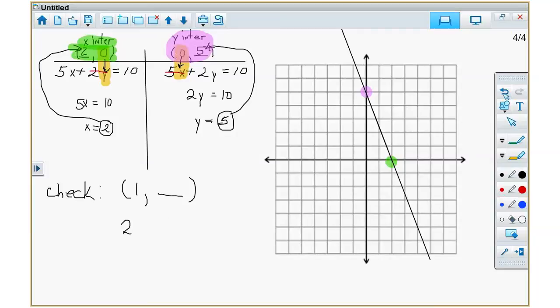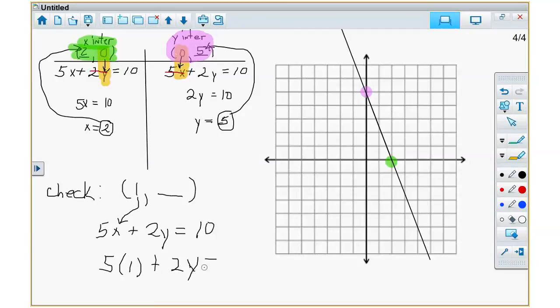I'm sorry, I'm back in the last problem. So 5x plus 2y is equal to 10. And what am I going to plug in? I'm going to plug in 1 for x, and solve for what?